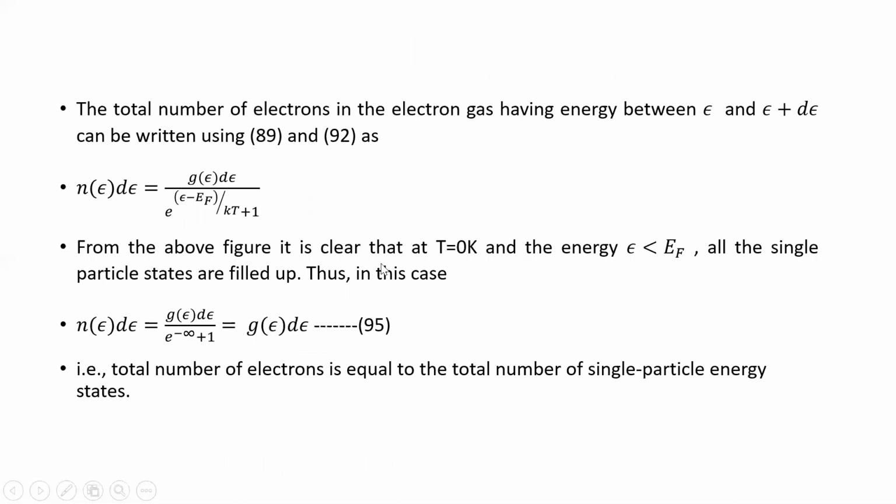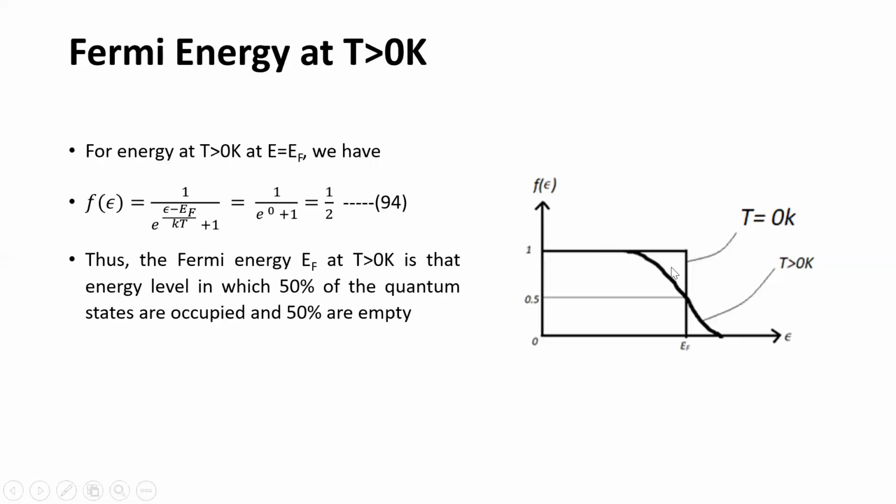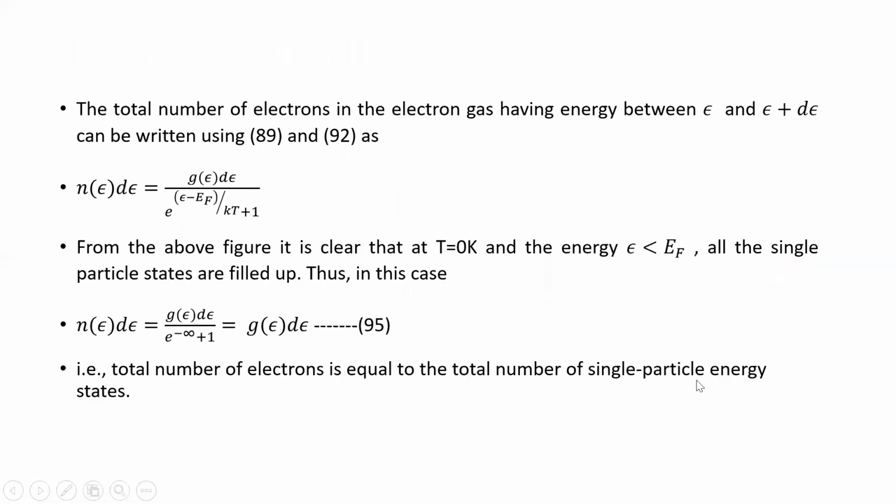From the above figure, it is clear that at T is equal to 0 Kelvin and the energy E is less than EF, all the single particle states are filled up. That means at T is equal to 0 Kelvin, we know that the occupation index is 1 for E less than EF. So we can say that all the energy states are filled up with 1 electron.